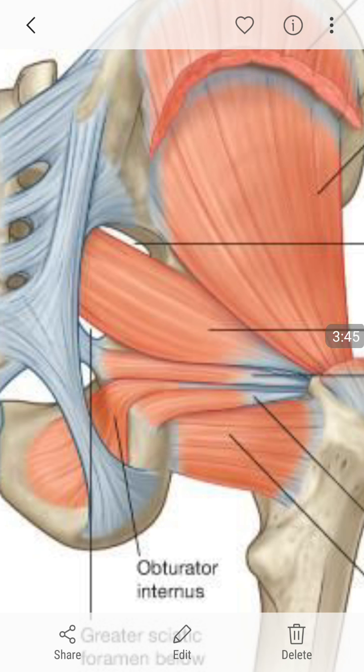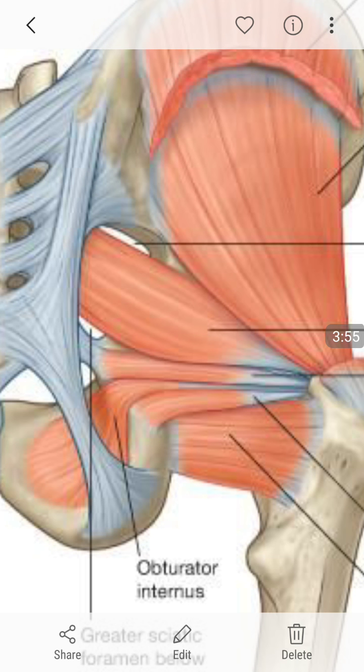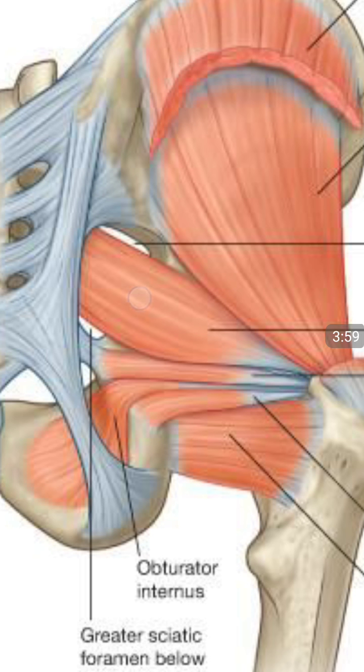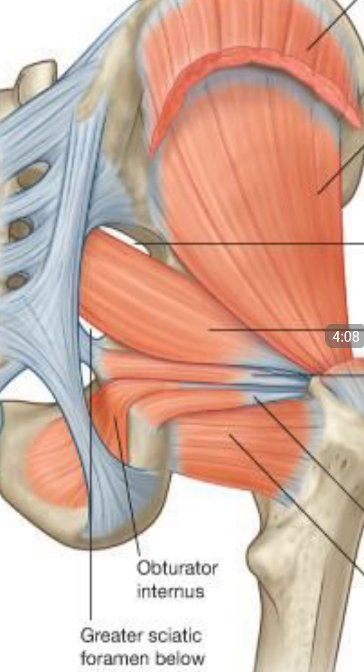The piriformis muscle is the first muscle that comes out of the pelvis through this foramen, because it arises from the anterior surface of the sacrum and comes out of the pelvis through the greater sciatic foramen. This muscle is a very important landmark.